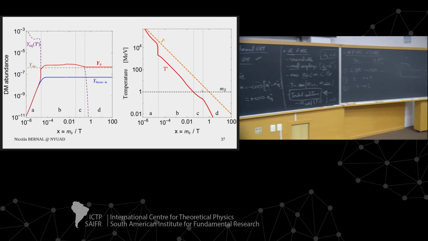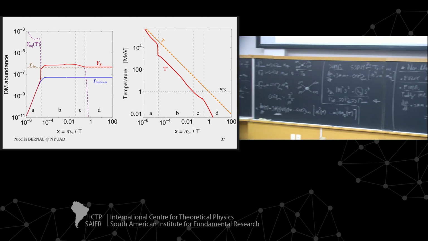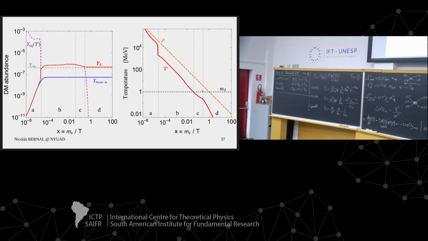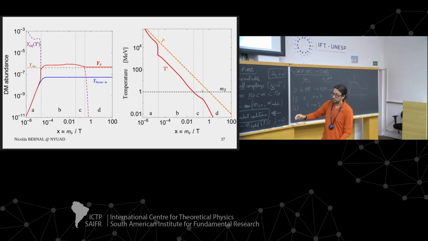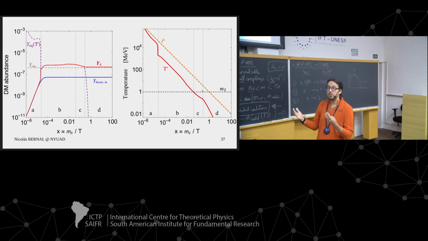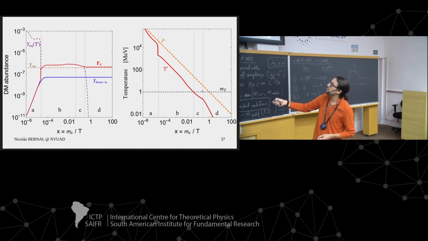Can you explain again why in the beginning we have 2 to 4 there? Yes, at the beginning, you don't have equilibrium, basically because you have a dark matter underabundance with respect to equilibrium. So you have very few dark matter particles, right? You can see here you have very few dark matter particles with respect to equilibrium.